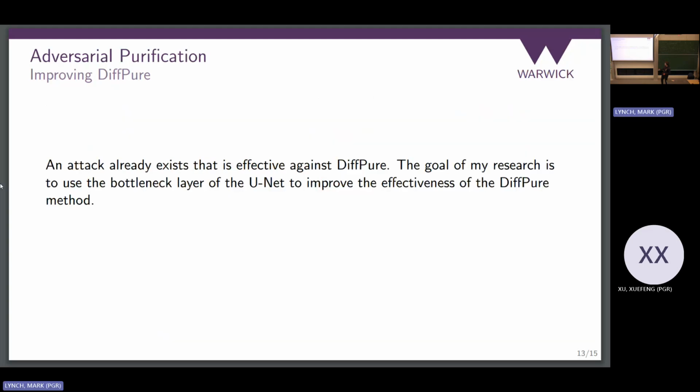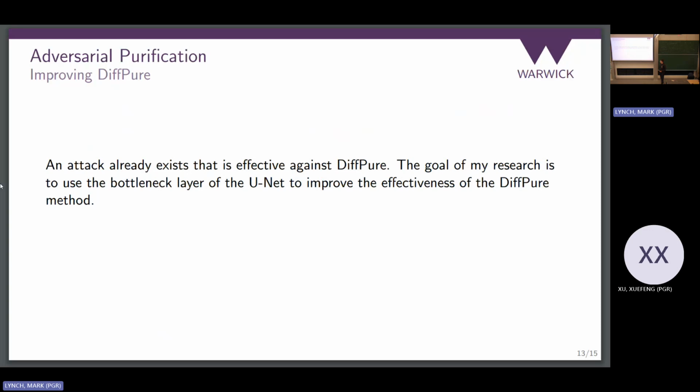Cool. So that's that. I'm basically trying to combine these two ideas: DiffPure, which is adding a diffusion model to image classification, and this understanding of what the bottleneck is doing in the unit. If we imagine, for example, that picture of a panda, there are many semantic things we could change about that image whilst still classifying it as a panda.